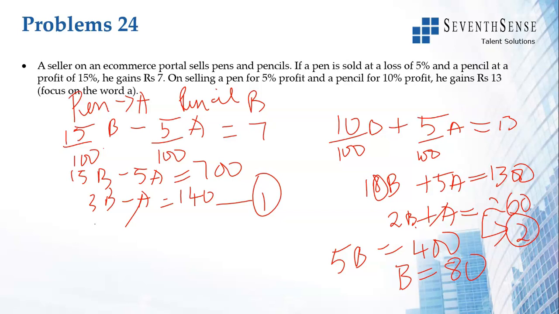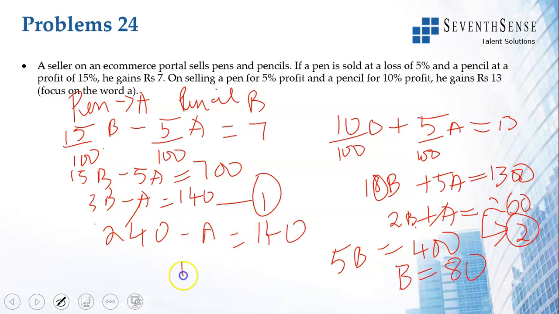The value of the pencil is 80. If they had asked what is the value of the pen, you substitute in 3B minus A equals 140, 3 into 80 is 240 minus A equals 140. And A you would have gotten as 100. The value of the pen would have been 100. The value of the pencil would have been 80.